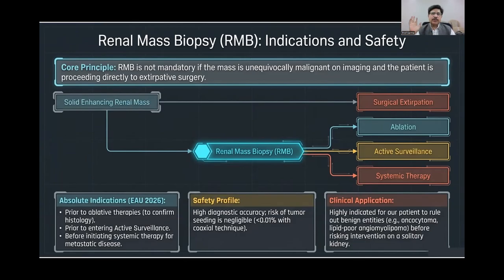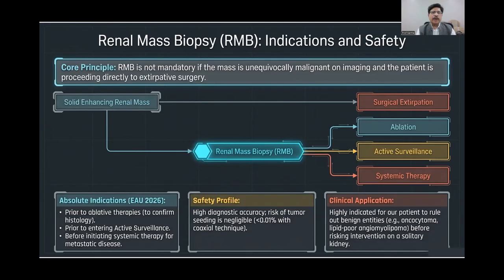Straight away you proceed for the treatment. If on imaging you find that it is unequivocally malignant and the patient is proceeding directly to extirpative surgery, then I don't require renal mass biopsy.